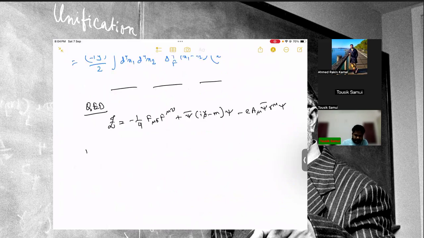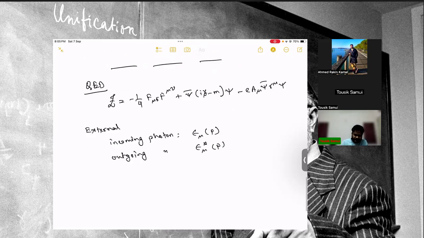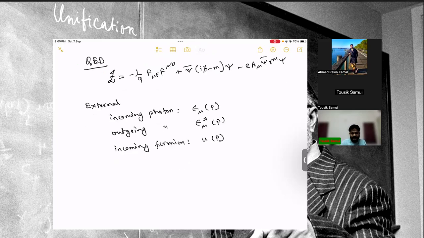And the rules for the external lines are: for each incoming photon, we put a factor of the polarization vector, and for each outgoing photon, we keep its complex conjugate. For incoming fermions, we write u, because this is the prefactor, the helicity spinor that appears just before the b operators.